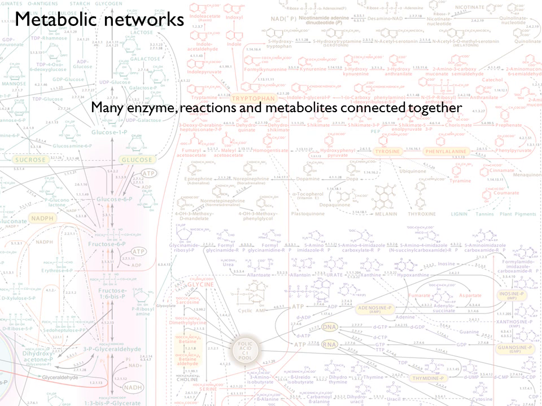We tend to think about this nowadays as metabolic networks in the era of systems biology. So we think about this as a large network, a graph with enzymes and reactions and things connected together. And there are systematic tools for analyzing this, but still, grasping this on a conceptual level can be very difficult. So we'll try to get to some tools for doing this, for being able to grasp this system.